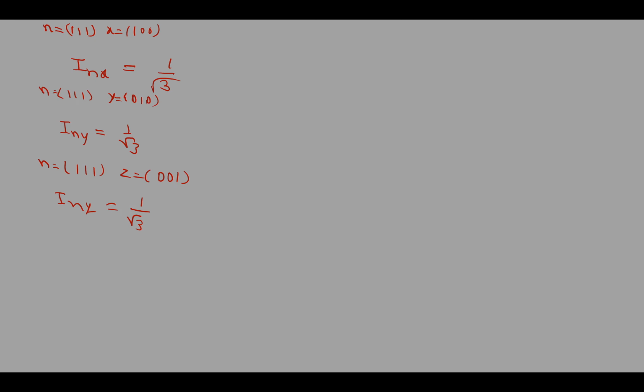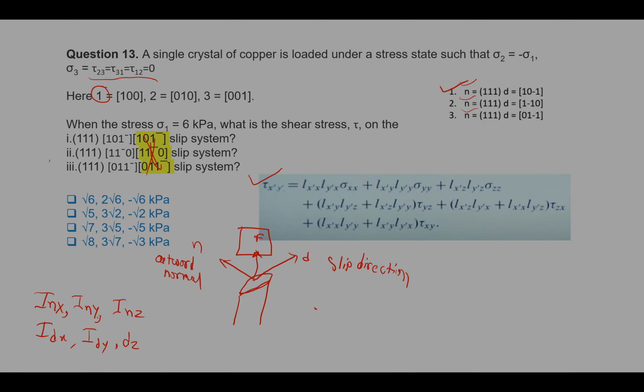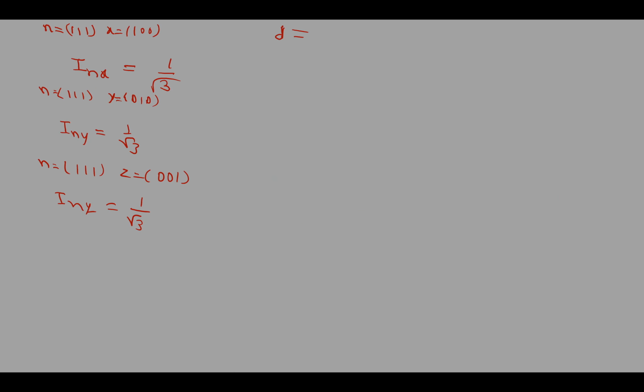Okay, now what about this another value, that is the d value. It's mentioned here, d is equal to 1 0 1 bar minus 1 we can say, and x again we know 1 0 0, so I d x will be 1 by root 2.